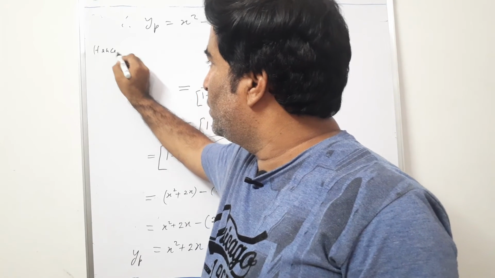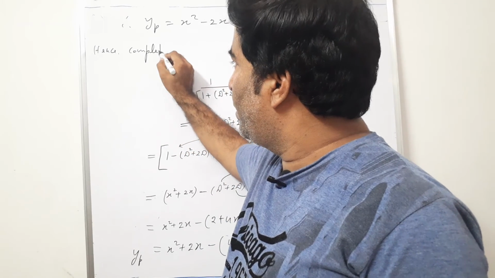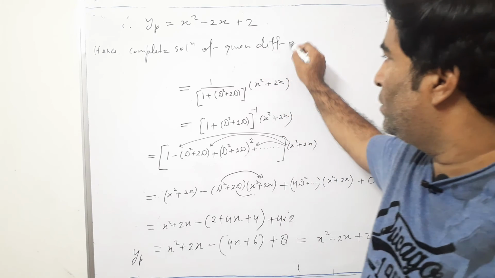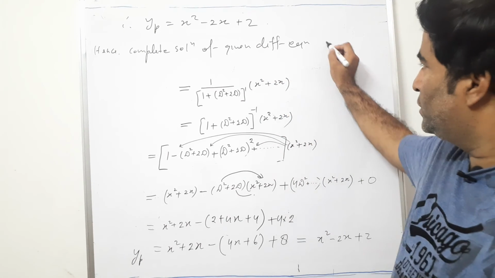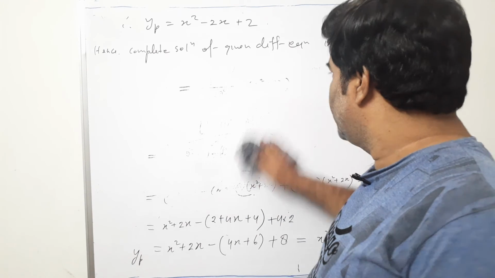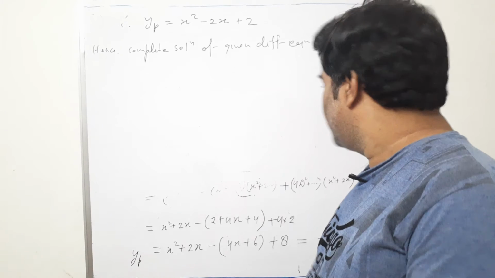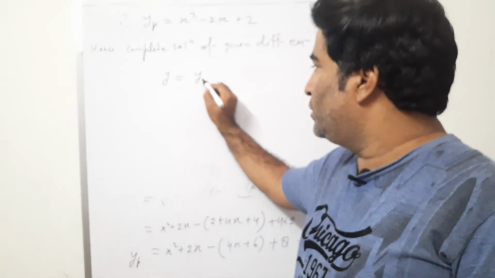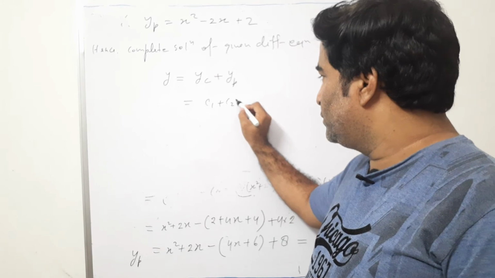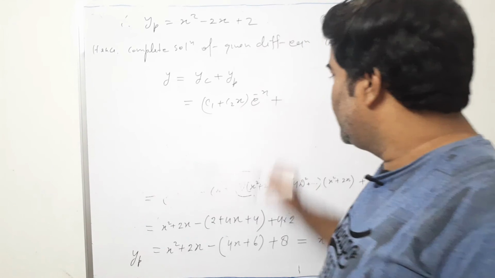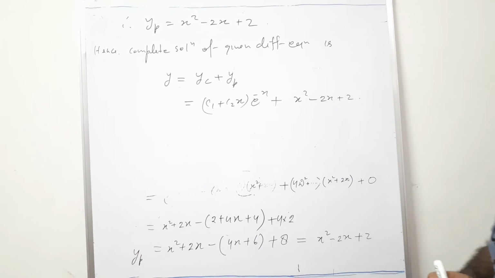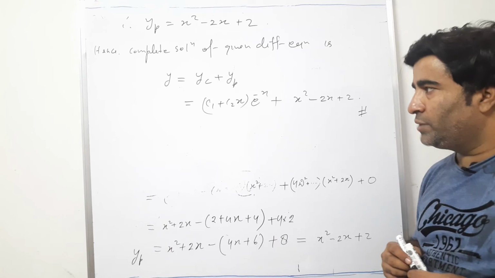Hence the complete solution of the given differential equation is y equal to yc plus yp, where yc is (c1 plus c2 x) e to the power minus x, and yp is x square minus 2x plus 2. So this is the final solution of the given differential equation.